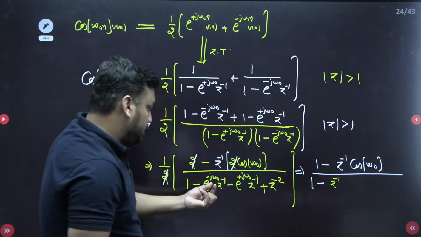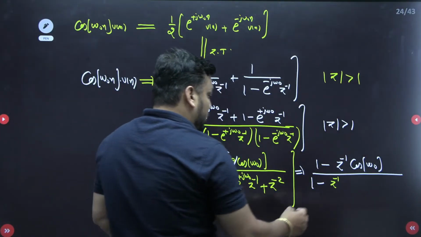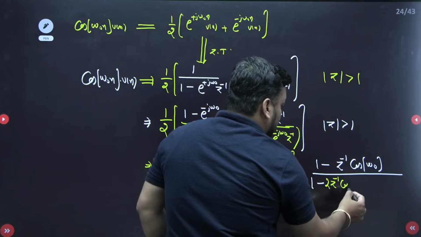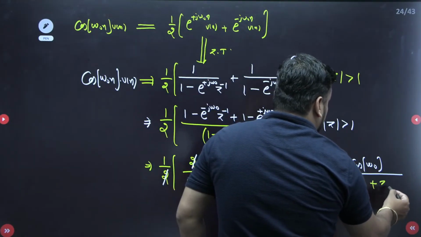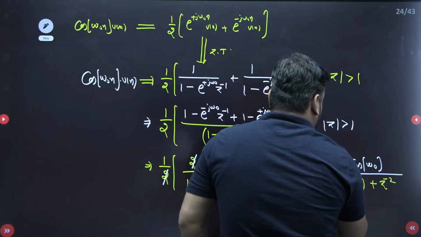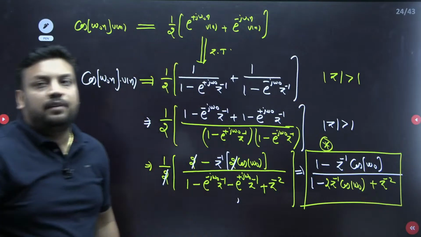Inside the bracket, e to the power plus j omega 0 minus j omega 0 will give me minus 2 cos omega 0, plus z to the power minus 2. So this is nothing but the final expression of the z transform where mod of z is greater than 1.